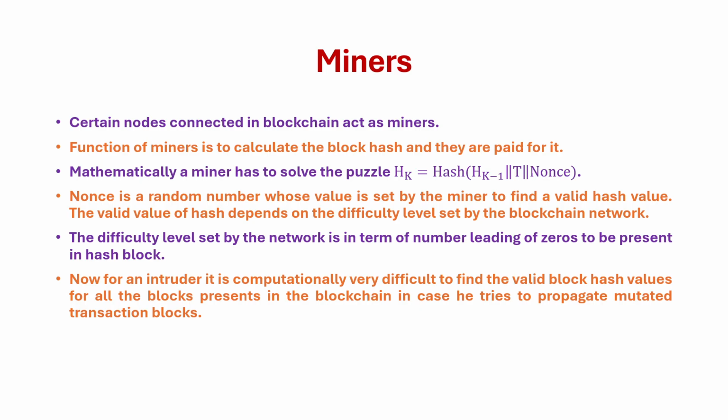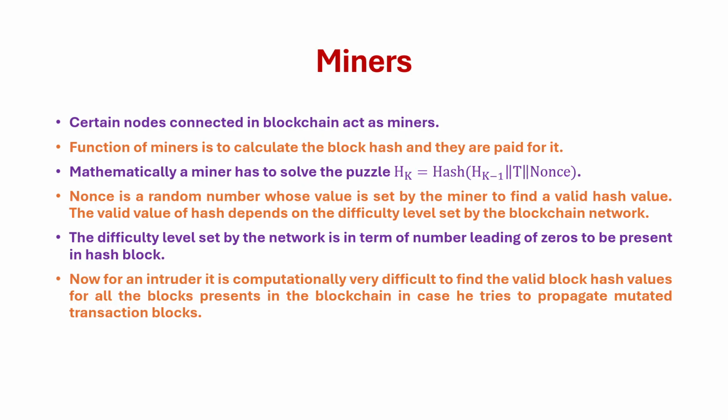For example, the blockchain platform may pose a challenge to the miners to find the hash value of the block such that there are 4 or 5 leading zeros, let us say. Normally miners use the SHA-256 function to calculate the hash value.